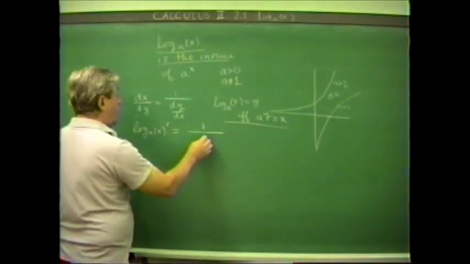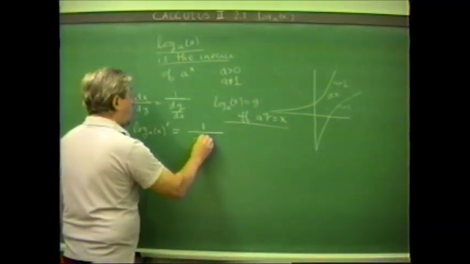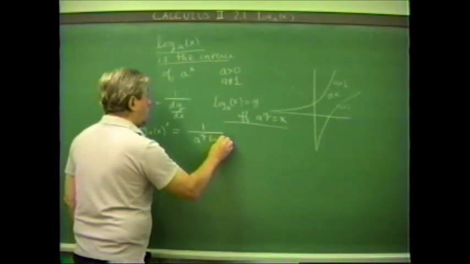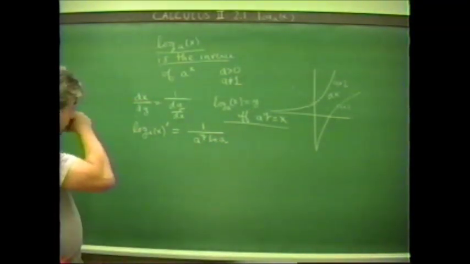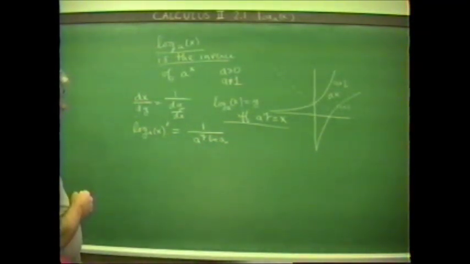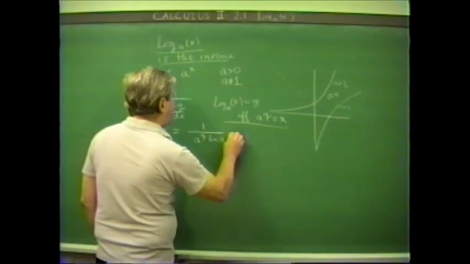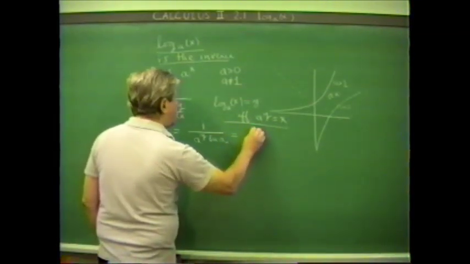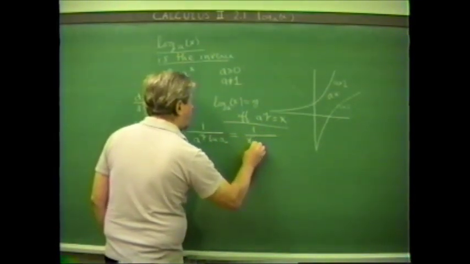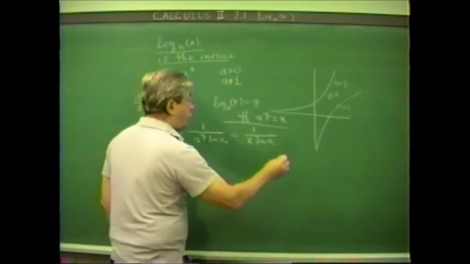So it's going to be 1 over a to the y log a. That's to say, a to the y now is x, so this is going to be 1 over x log a. So that's an important formula.